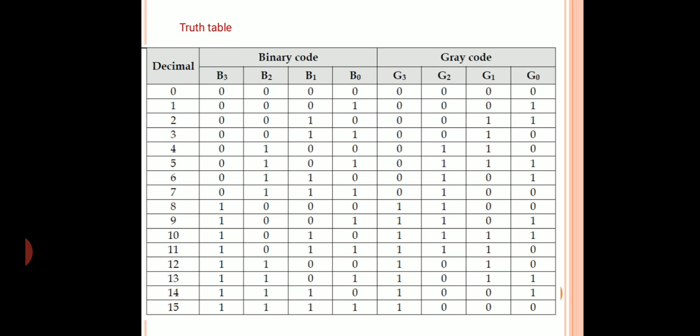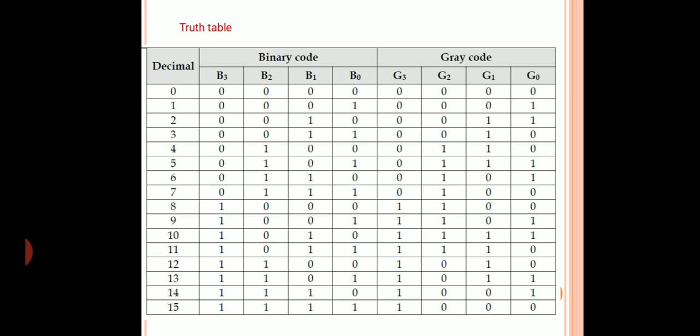By using this method, we convert all 16 combinations of the 4-bit binary numbers to the equivalent gray numbers as shown in this truth table. Observe here, in the gray code, G3 is the most significant bit and G0 is the least significant bit.